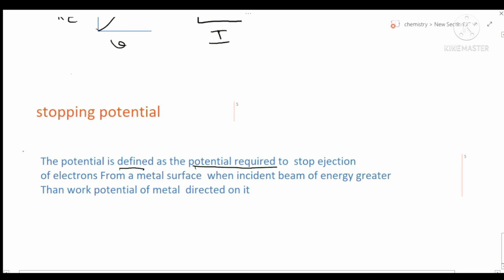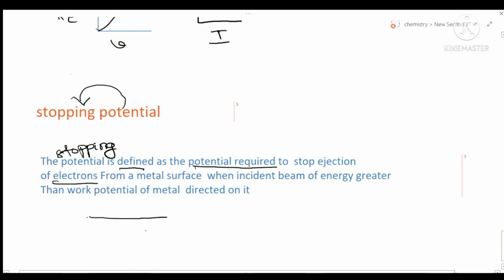Stopping potential is defined as the potential required to stop the ejection of electrons from a metal surface when the incident beam of energy is greater than the work function. So you just have to understand that we have to give some minimum potential to stop the ejection of electrons, to stop the photoelectric effect. That is what we call the stopping potential.